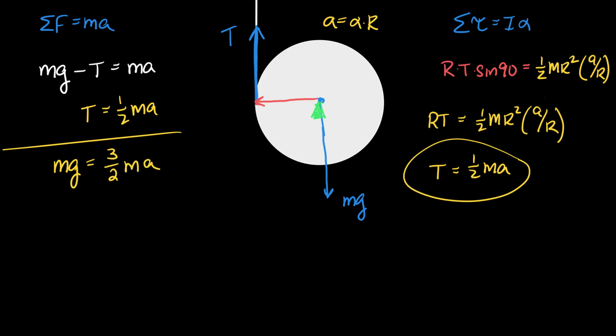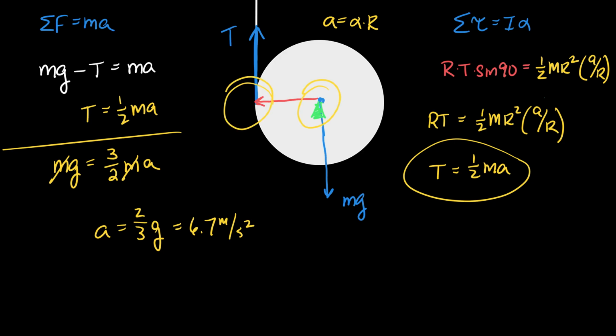Looks like I can cancel out them M's. Don't you see it? Excellent. Multiply both sides by 2/3. So a equals 2/3 g, or 6.7. But again, same answer. You can do it either way. Anytime something is rolling, you can choose either location to be your pivot point. All right.